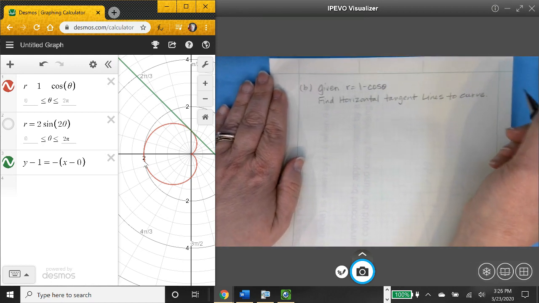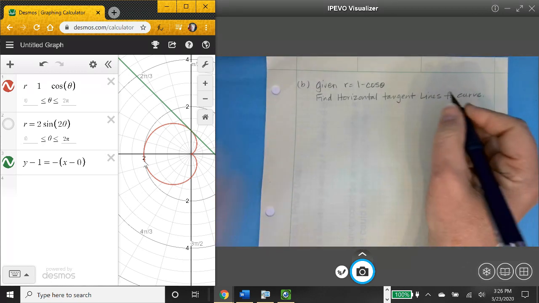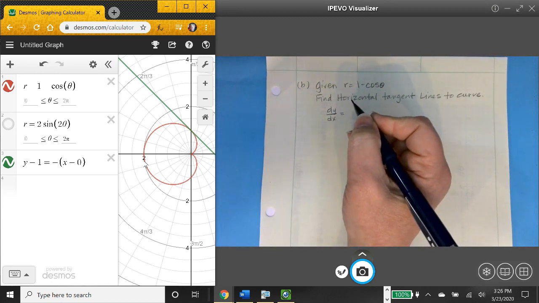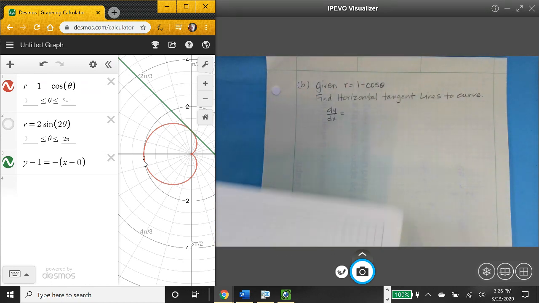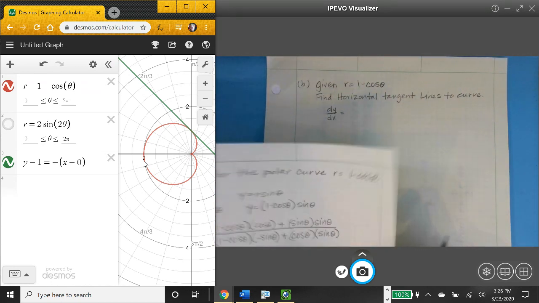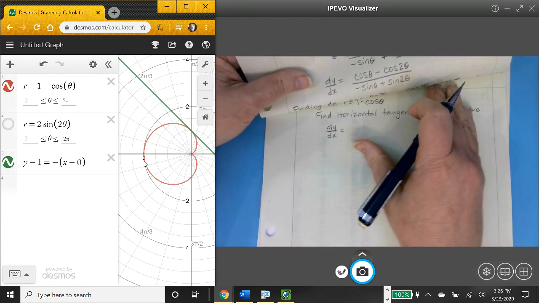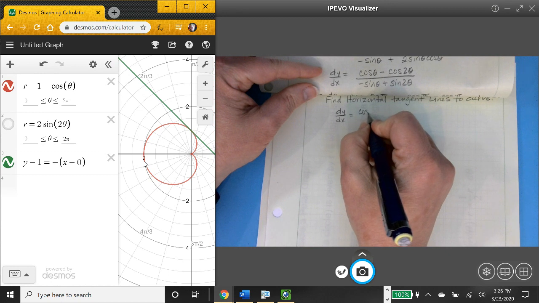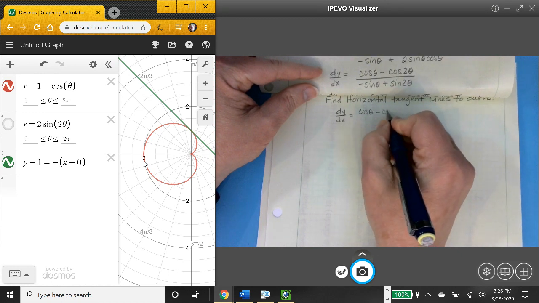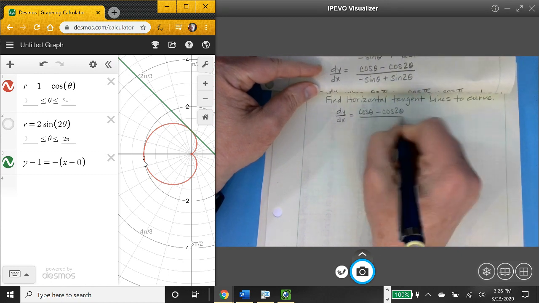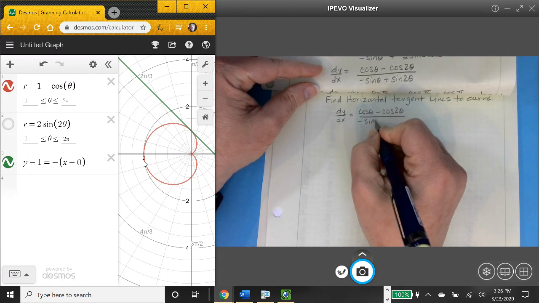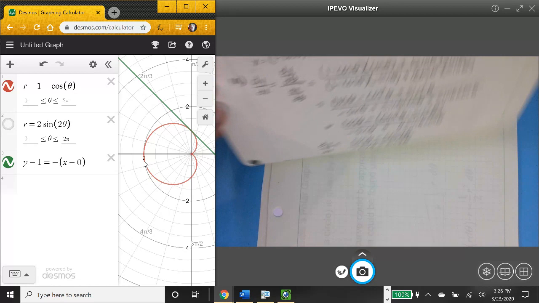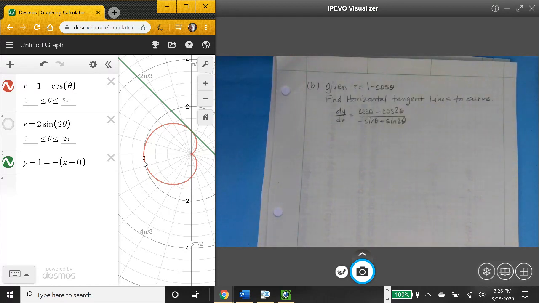So to find them, I need dy/dx. And as we recall, dy/dx was cosine theta minus cosine 2 theta over negative sine theta plus sine 2 theta. All right, so that was my derivative.